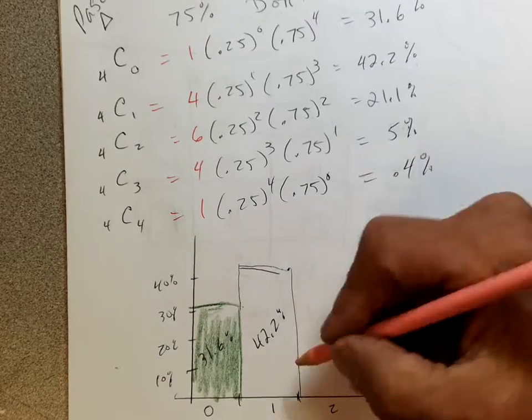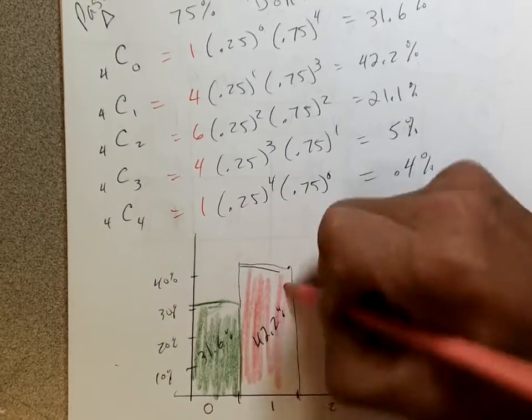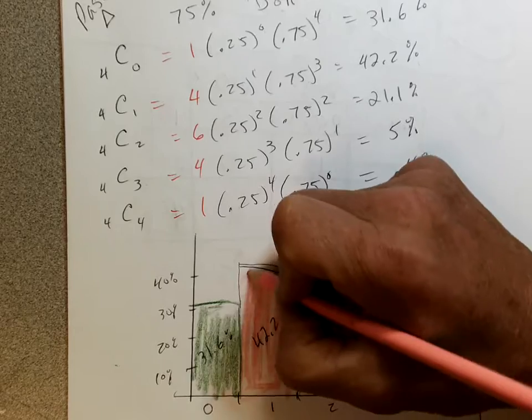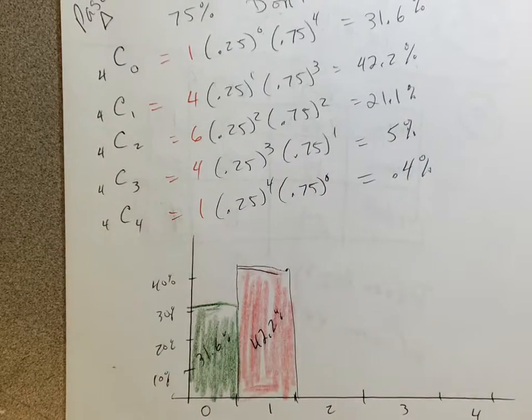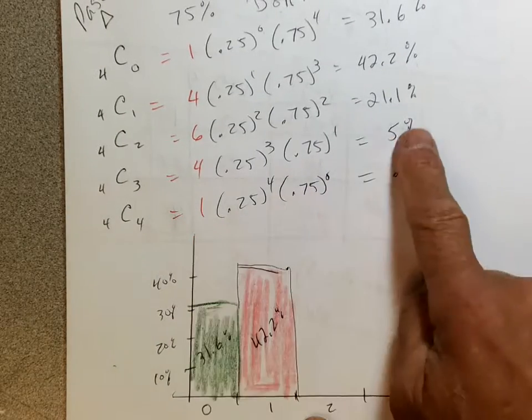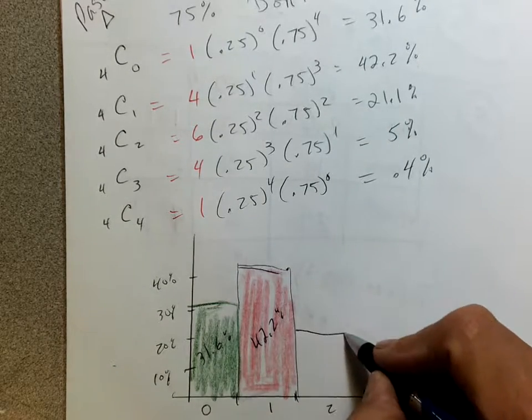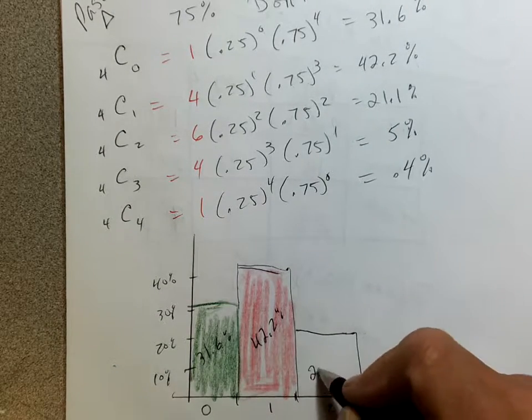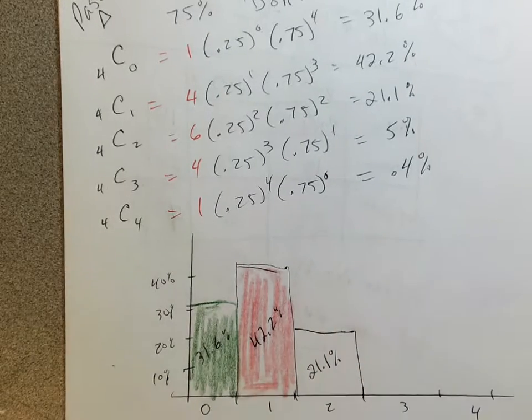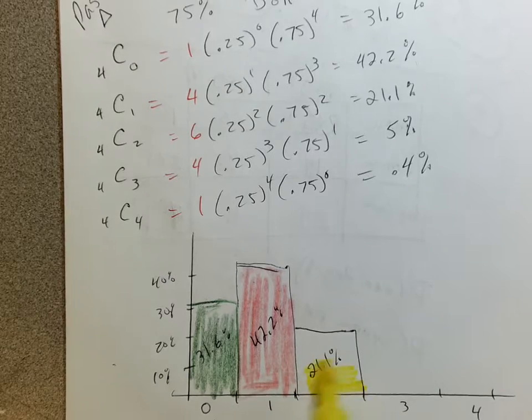All right, how about pink? Sure, why not? Beautiful. I'm such an artist, aren't I? Two kids with ASB is 21.1%. That's right about there. Then I'll color that in.